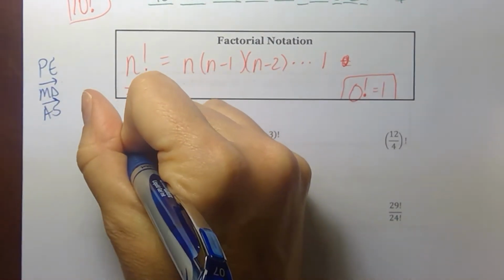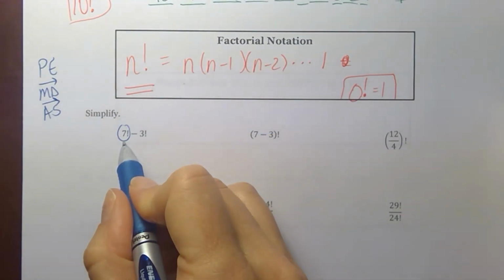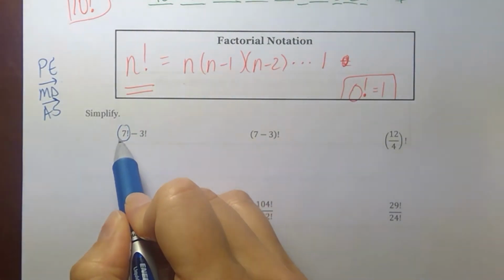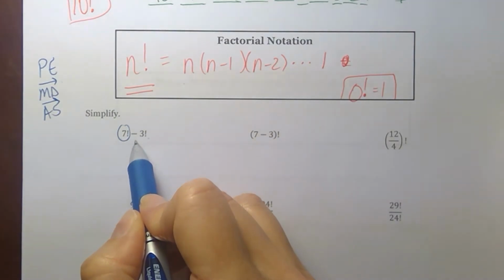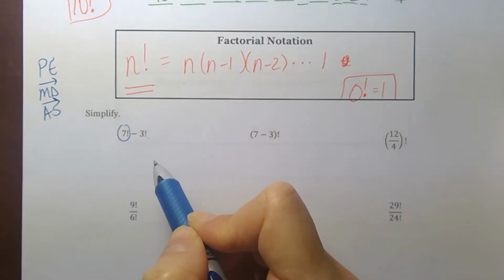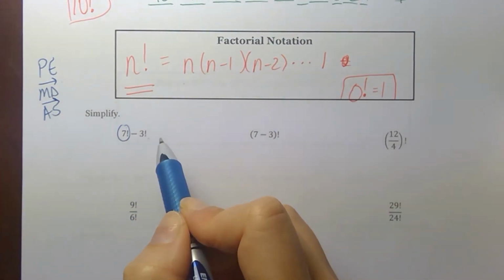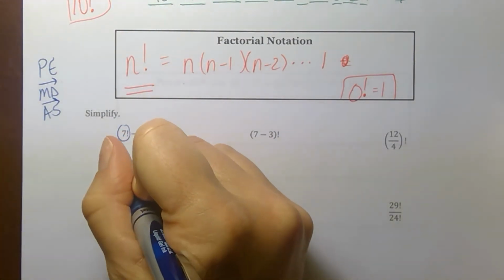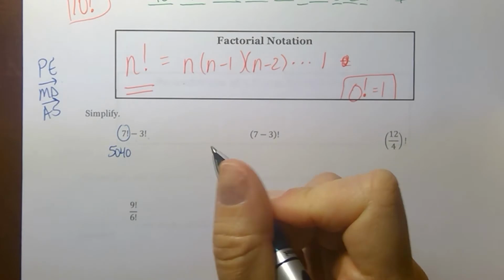This is a multiplication problem. 7 factorial is 7 times 6 times 5 times 4 times 3 times 2 times 1. 3 factorial is 3 times 2 times 1. So I need to calculate each of these factorials before I do the subtraction. 7 factorial, if I use my calculator, comes out to be 5,040. There's an airplane passing over.